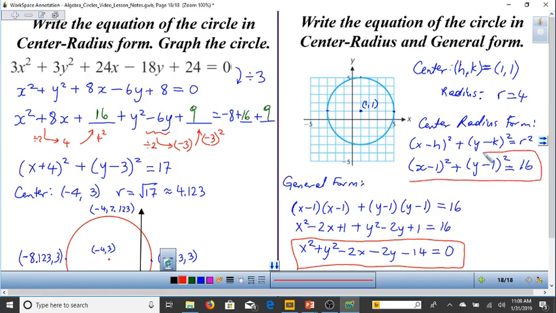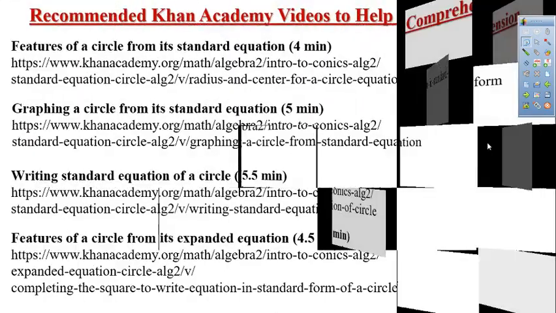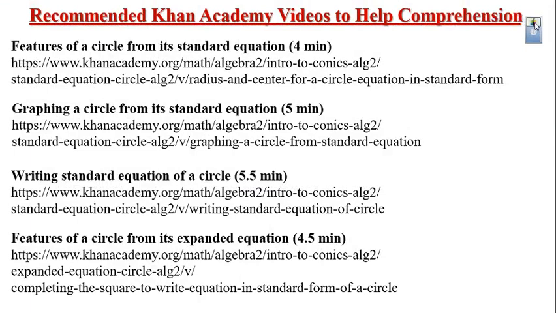Now, before I end the video, I'd just like to point out a few resources on Khan Academy that are very helpful. We have 4 short videos here between 4 and 6 minutes. First one is features of a circle from its standard equation. That shows you how to get the equation of a circle from its center radius form.